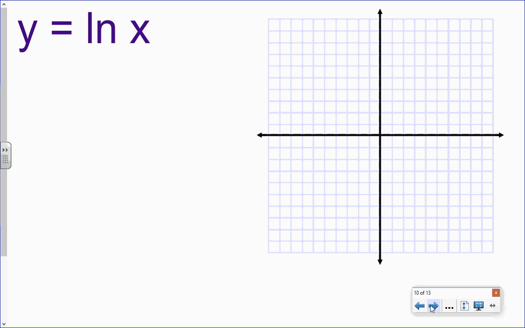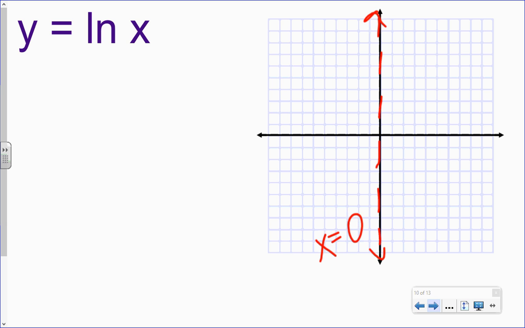So let's graph y equals natural log of x. Let's talk about what this looks like. It is a parent graph, so I'm just going to go ahead and fill in my x equals 0 asymptote. I will point out too that on the quiz on Friday, I will have you label asymptotes.